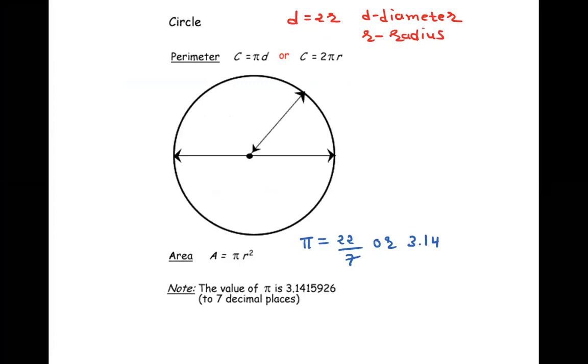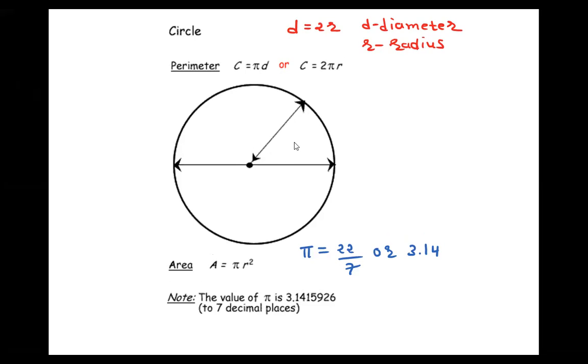Otherwise, they indicate some value of pi, so you put that. Now I'm starting some examples which depend on the area and the circumference of the circle. So hope you remember these two formulas.